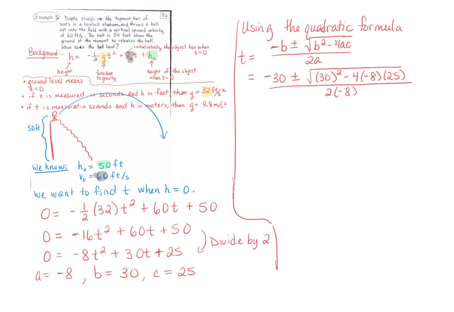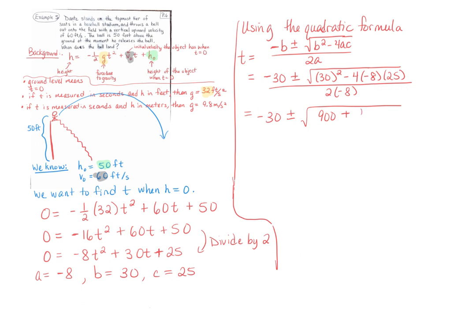This is equal to -30 plus or minus the square root of 30 squared is 900 minus, or we're subtracting a negative, so this becomes a positive, plus 4 times 25 is 100, 100 times 8 is 800.